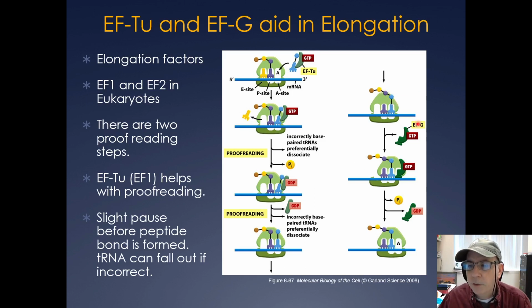And then the large ribosomal subunit is moved forward by another G protein, EFG, which brings in a GTP, and then that gets hydrolyzed and it helps move the large ribosomal subunit. It gets hydrolyzed and then it can fall out, and then the small subunit of the ribosome moves forward, so you have a vacant A site, and then the spent tRNA can actually leave.